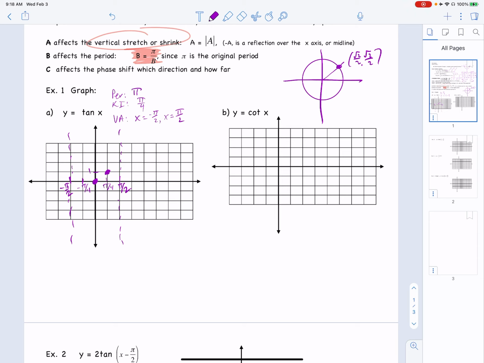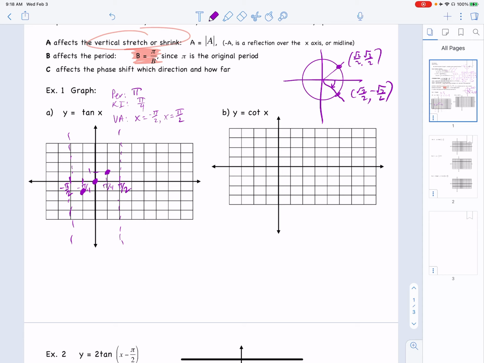And then if I rotate clockwise pi fourths, this point is root 2 over 2, negative root 2 over 2, when the reference angles are 45 degrees or pi fourths. And so the tangent of a negative pi fourths is a negative 1. So it goes right here.